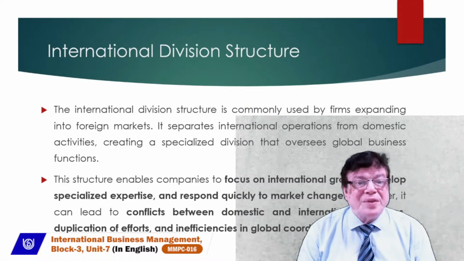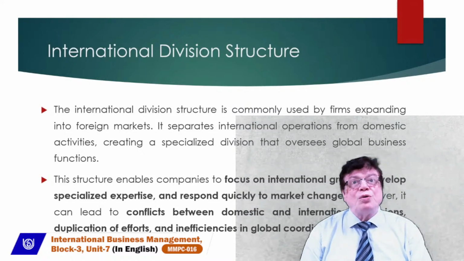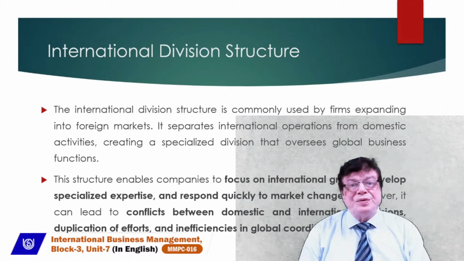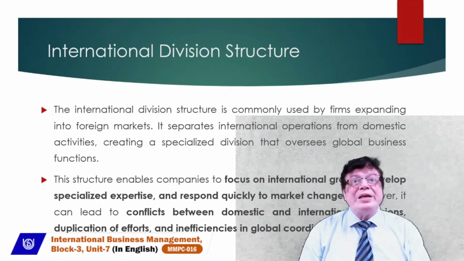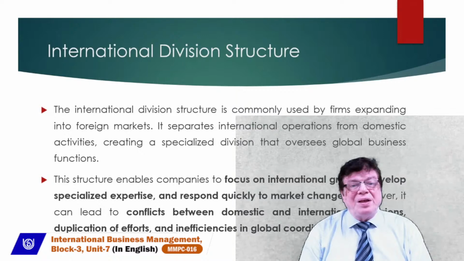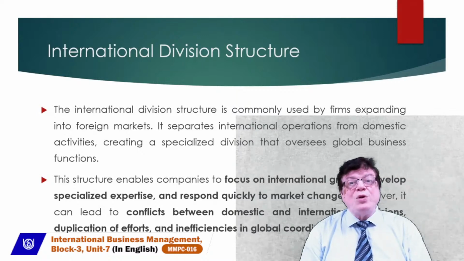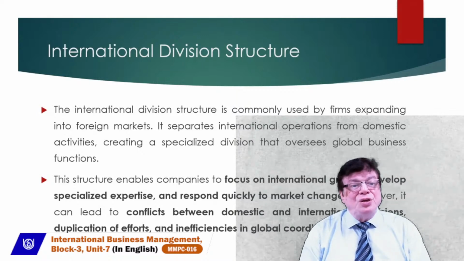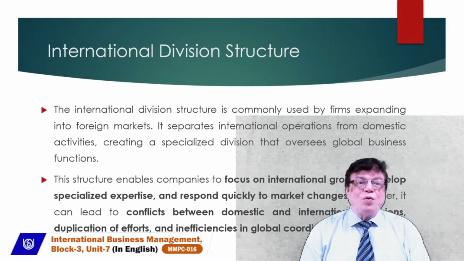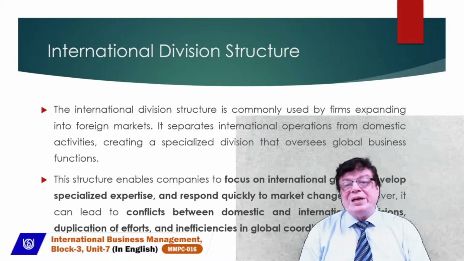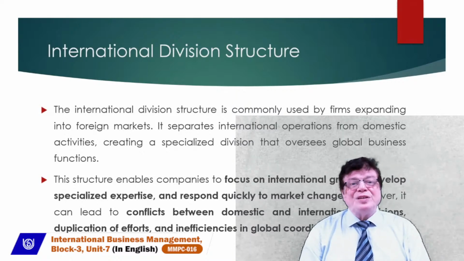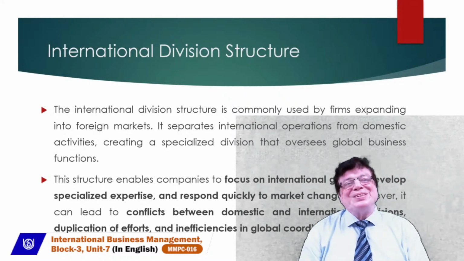This structure enables companies to focus on international growth, develop specialized expertise, and respond quickly to market changes. However, it can lead to conflicts between domestic and international divisions, duplication of efforts, and inefficiencies in global coordination.